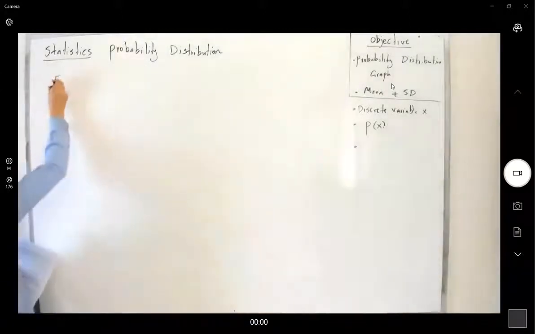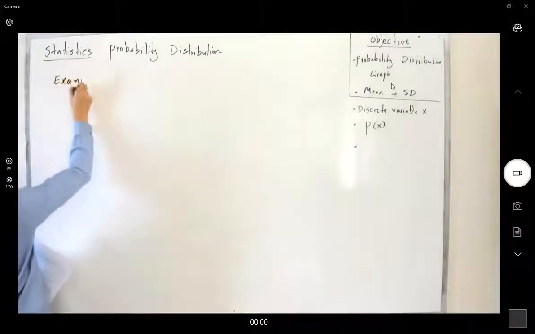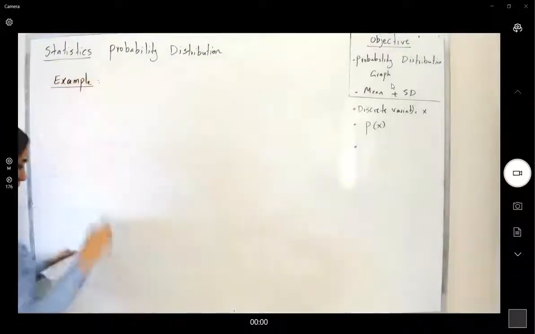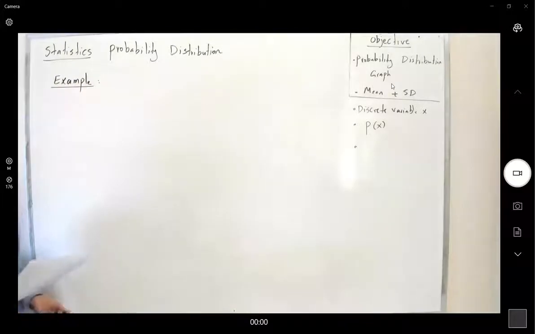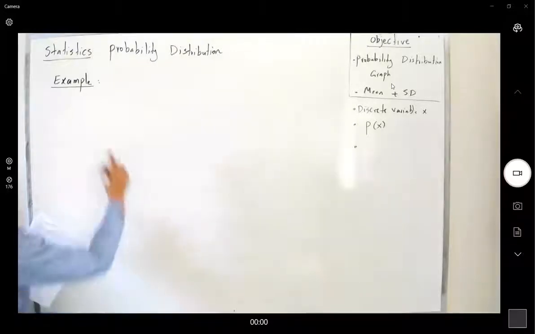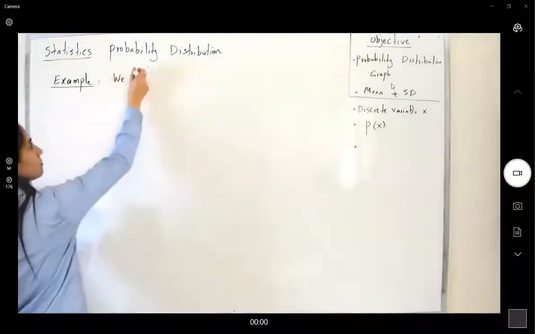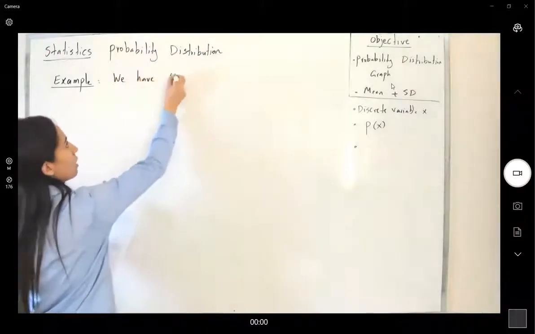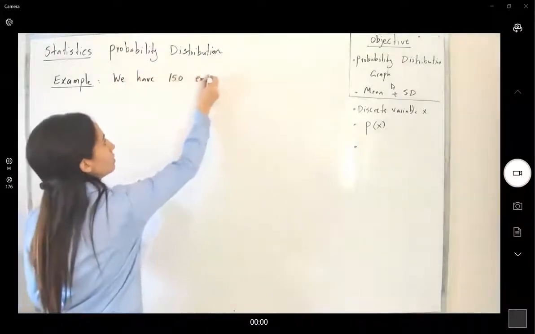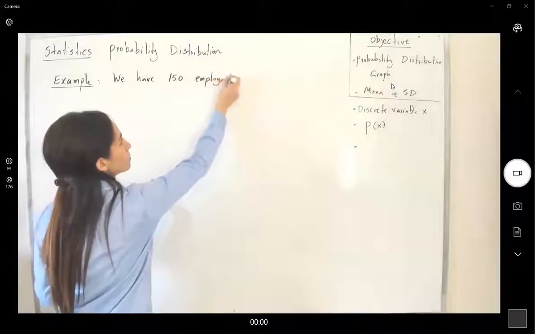This example says, we have the following information. An industrial psychologist administered a personality test for passive-aggressive traits to 150 employees.